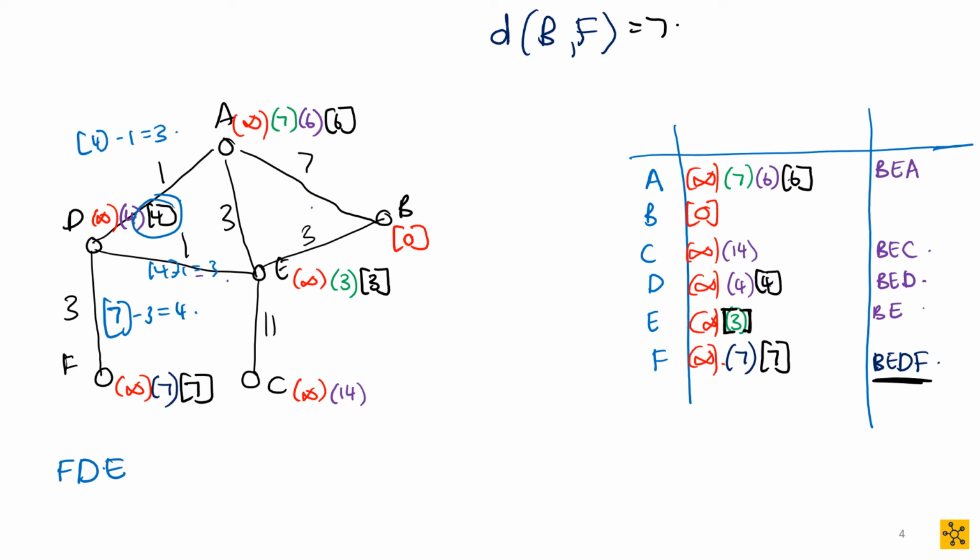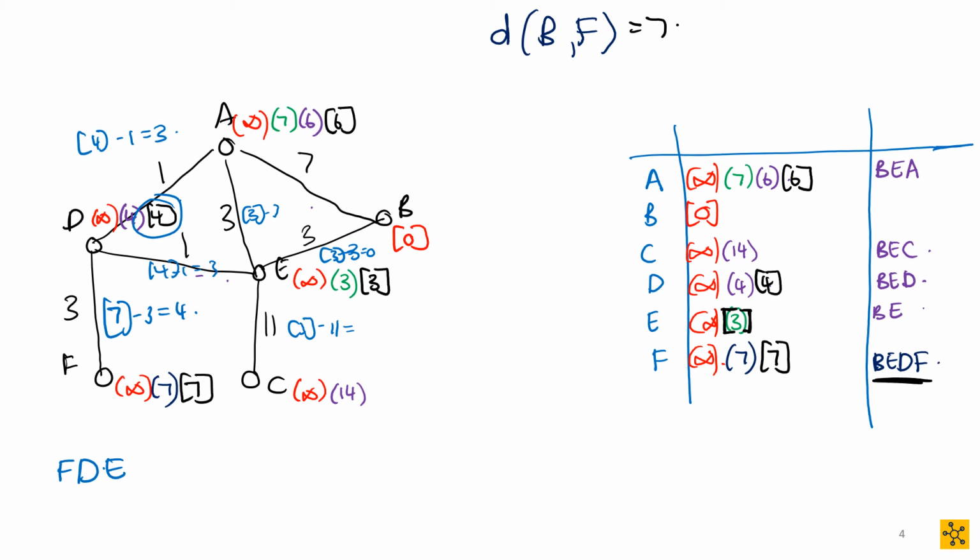Then you would have been at E, and then you would have to go through all the adjacent vertices again to test out. So we have 3 minus 3. That gives us 0. That is not the potential of A, so you didn't go in that direction. You could also test out 3 minus 11. That is obviously a negative number. You did not go in that direction. And then you could say 3 minus 3 is equal to 0.